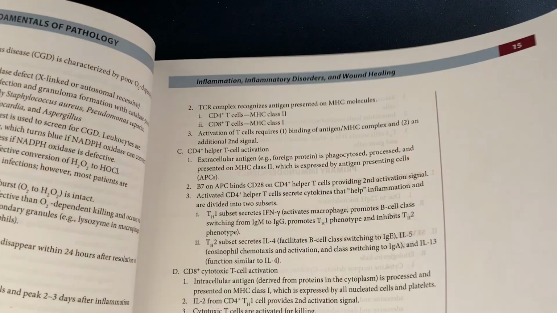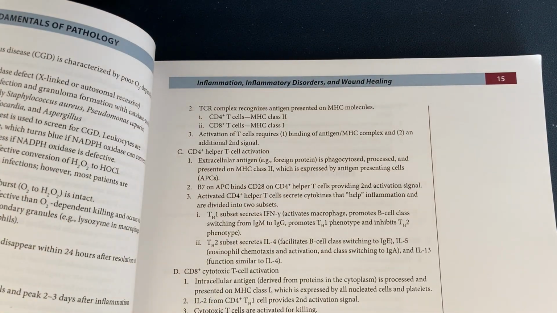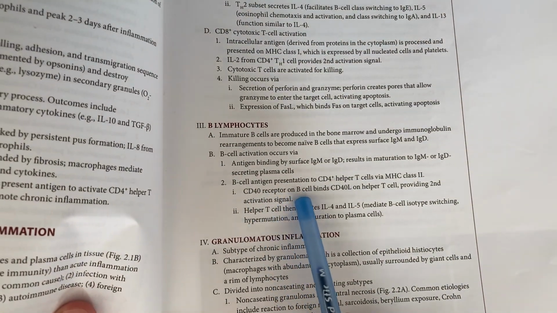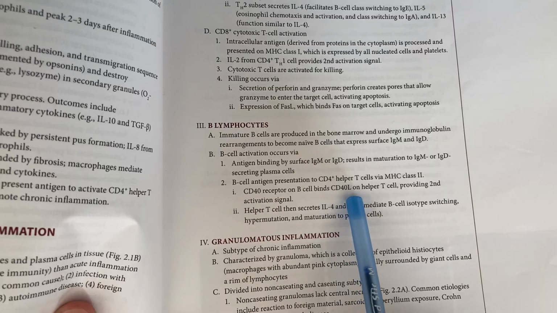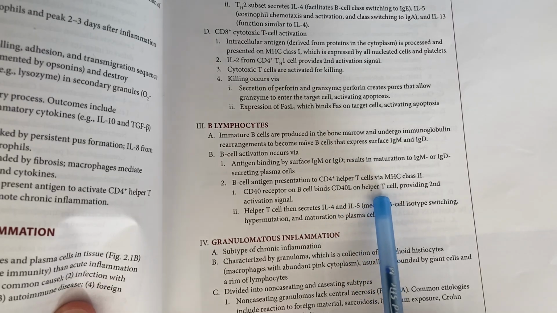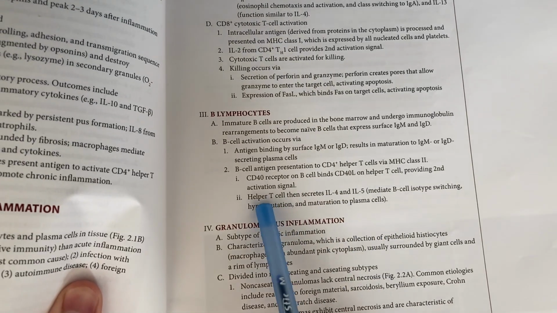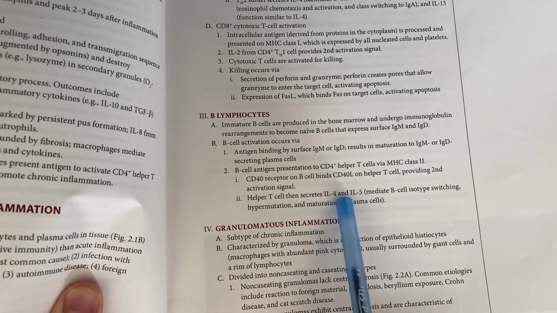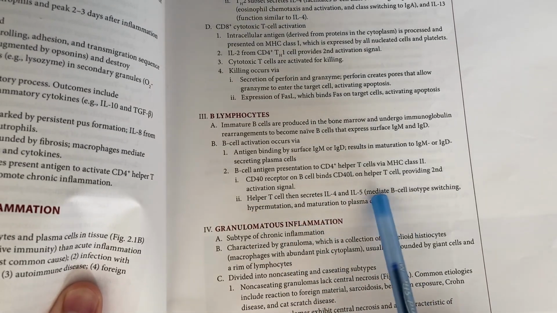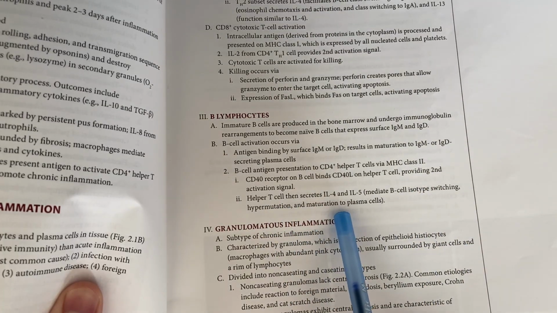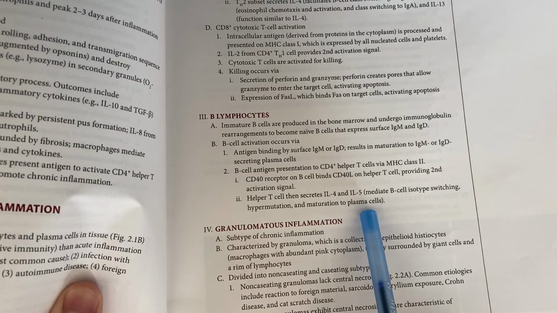Because remember that we talked about earlier how the CD40 receptors on the B cell bind to the CD40L on the helper T cells, providing the second activation signal. And helper T cells will then secrete interleukin-4 and interleukin-5 to mediate B cell isotype switching, hypermutation, and maturation to plasma cells.